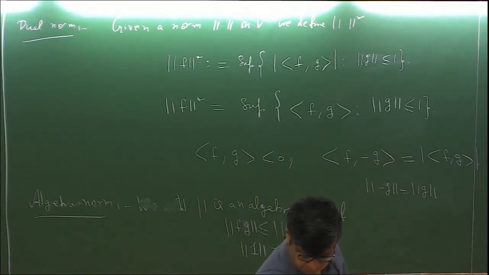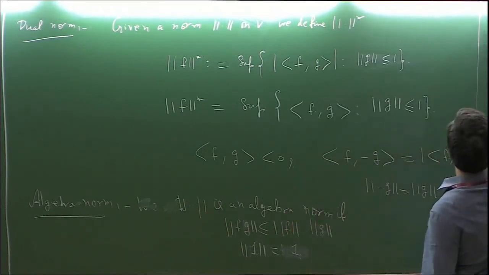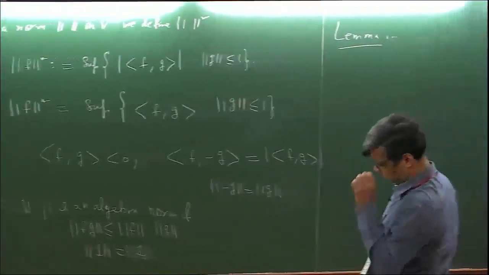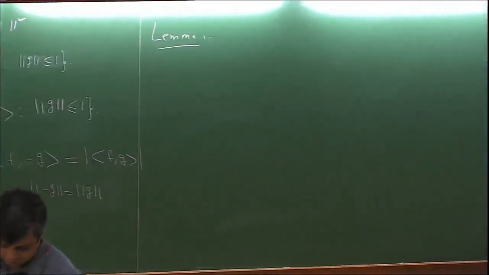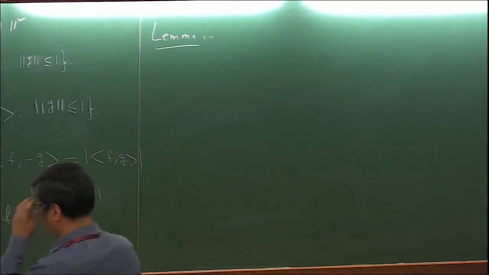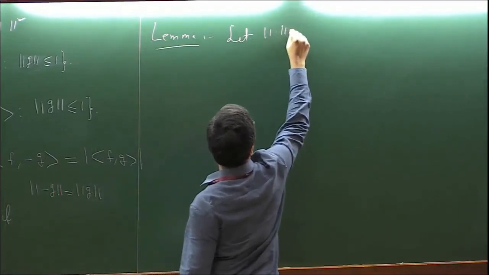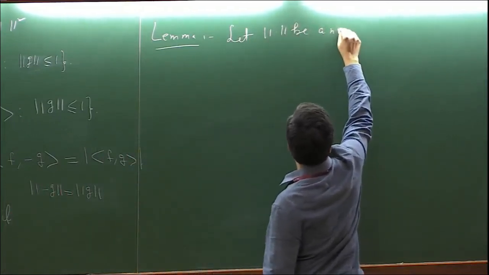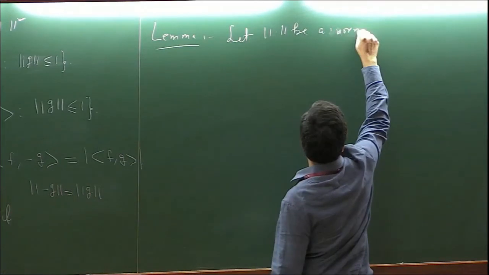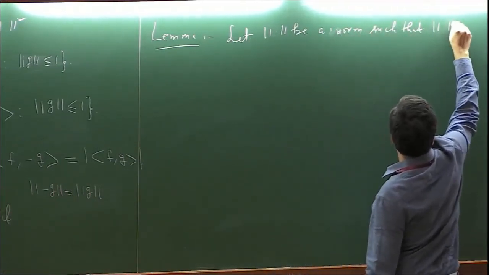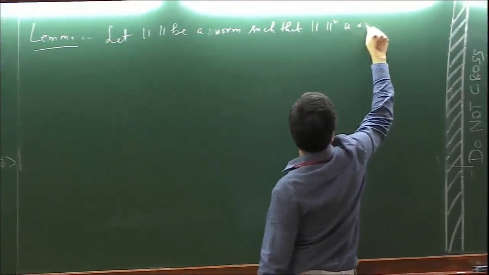So, just straightforward. Let star be a norm such that its dual is an algebra norm.